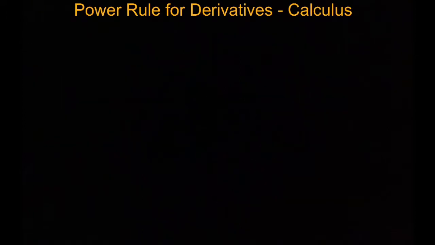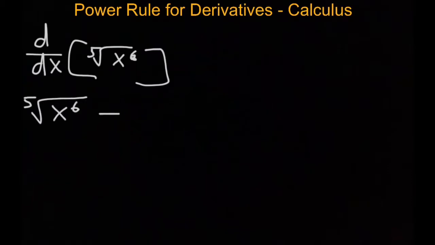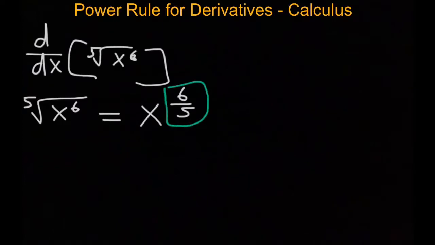Let's try another question. Let's say we want to find the derivative of the fifth root of x to the power of 6. So the fifth root of x to the power of 6 can also be written out as x to the power of 6 over 5. And in this case, our n value is 6 over 5. So we can write it out like this. n times x, so 6 over 5 times x to the power of n minus 1.